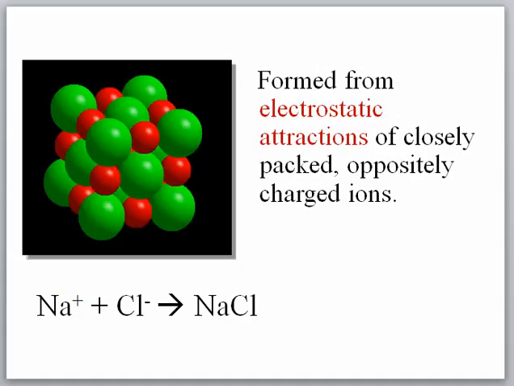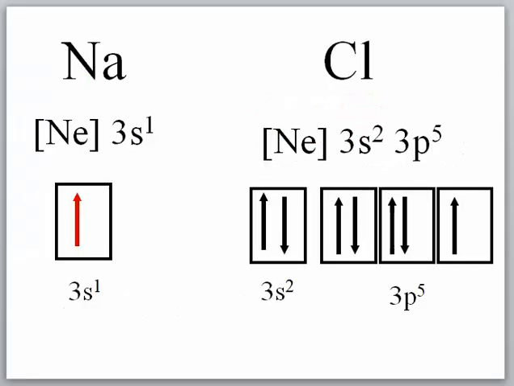The forming of that bond is an opposite charge attraction, electrostatic attraction, as that electron is transferred from the cation to the anion, forming charged particles that are then pulled together and held tightly.